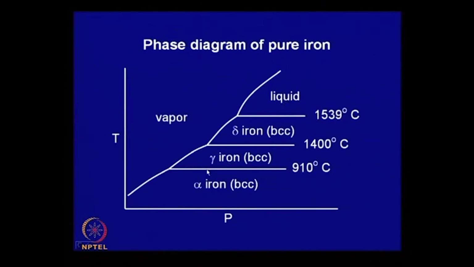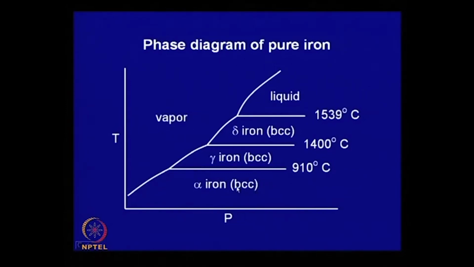So, you have 2 additional lines, although I have drawn them as perfectly horizontal, there will be some amount of pressure dependence depending on the volume change associated. I leave it to you to find out.